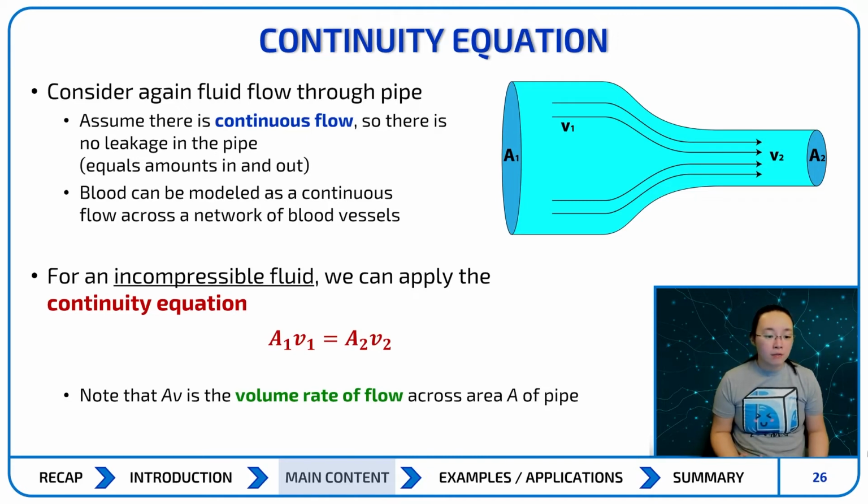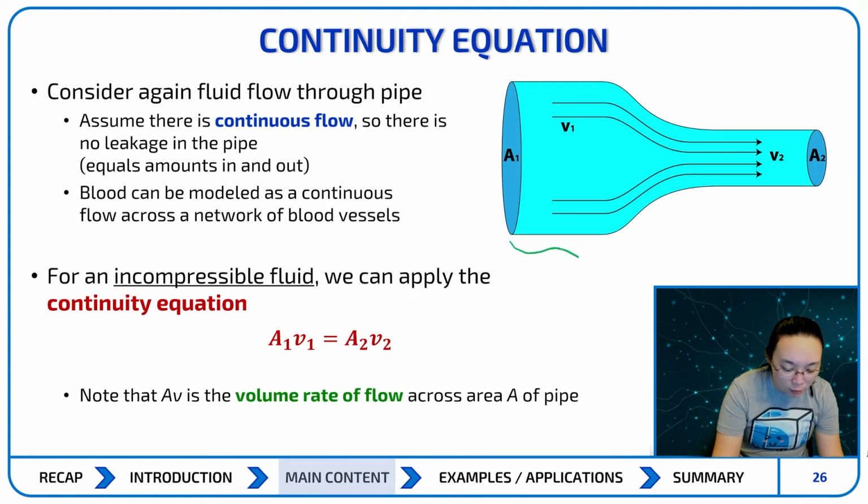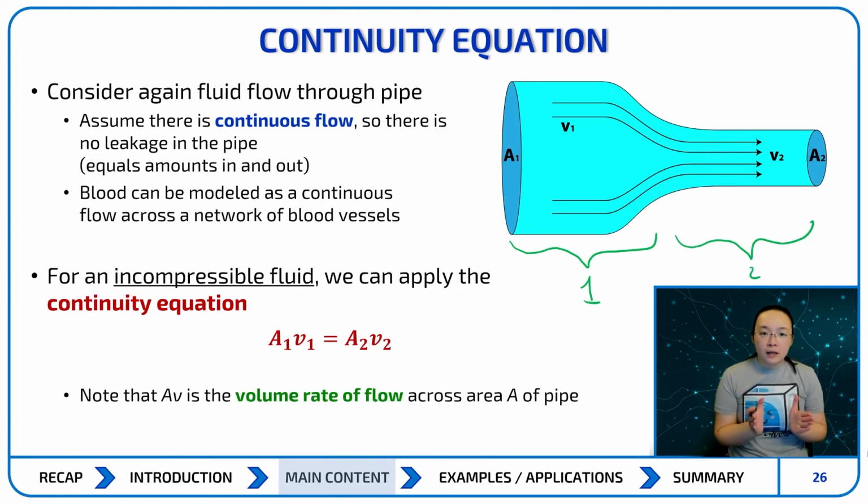In that case, we have A1V1 is equal to A2V2. That's the cross-sectional area of your first tube, so in that drawing over here, this is stage 1, and then you have stage 2 over here. In the first section of the tube, which is obviously much wider, you have a larger cross-sectional area and a velocity of fluid flow. Then what's going to happen when you shrink the cross-sectional area in the latter half of the tube?